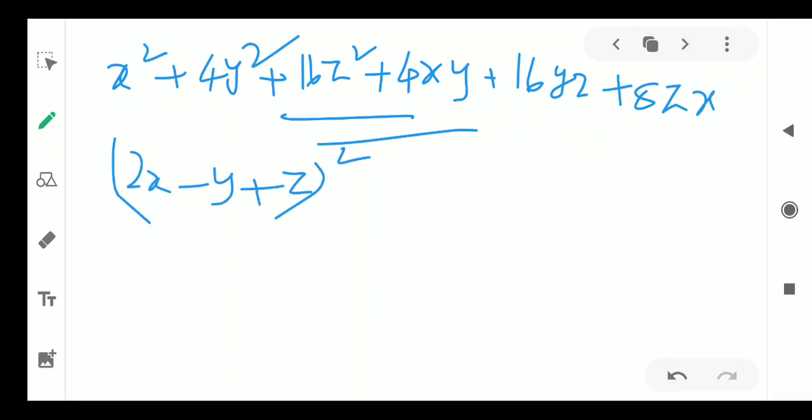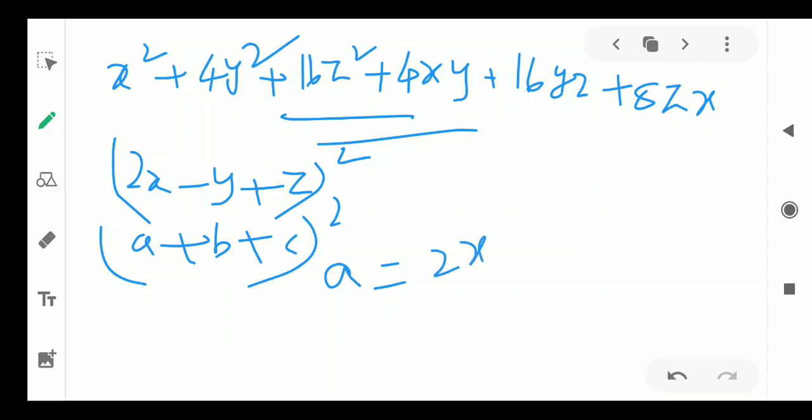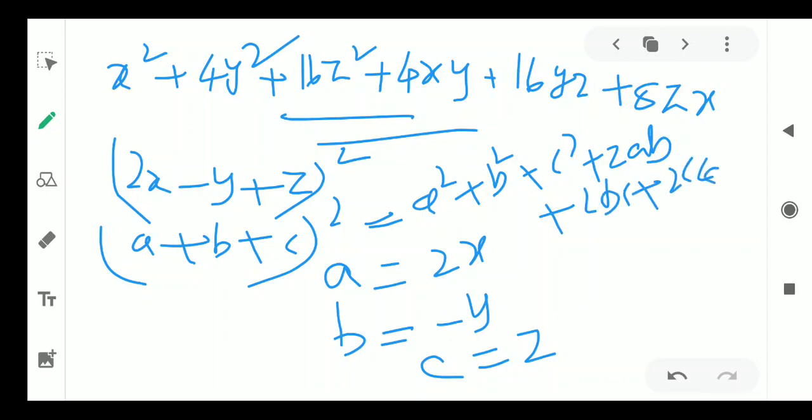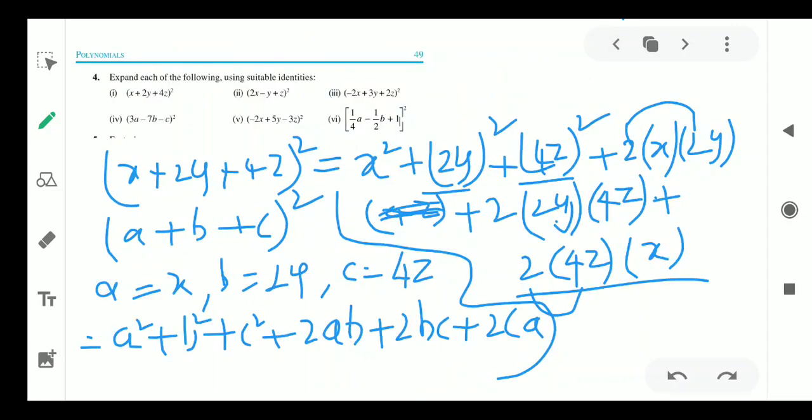This is also the same, (a + b + c)². So here a is equal to 2x, b is equal to −y, and c is equal to z. So just simply substitute these values in this formula. Okay, so you only have to solve this problem. Understand?